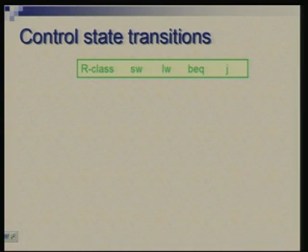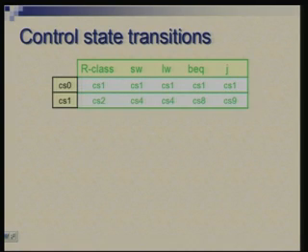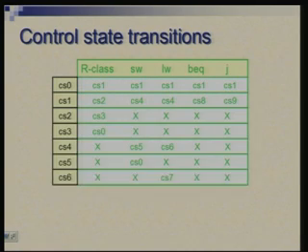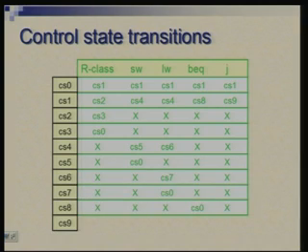The second part of the control design is how control state transitions take place. Again, for each of the states, let me just fill it up. For each state, I am defining the next state, but the next state could be different depending upon the opcode value. So, from CS0, I am unconditionally going to CS1 in all cases.